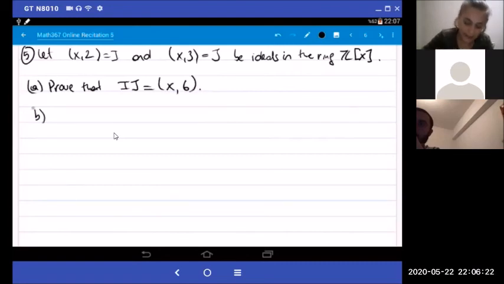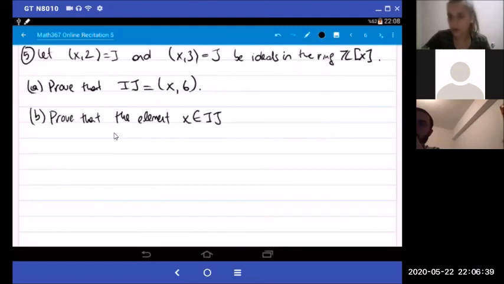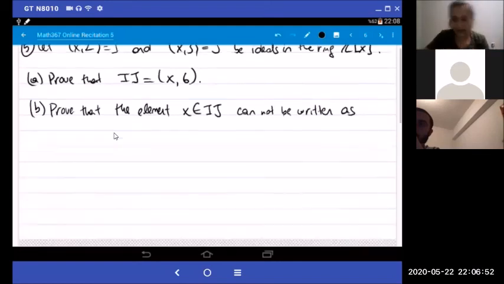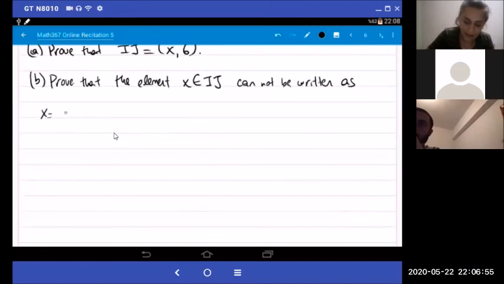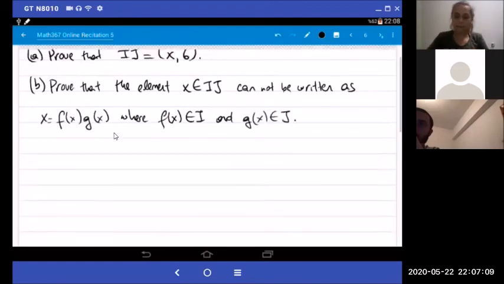Okay, and as the second part, prove that the element x in I times J, it is an element of this product, cannot be written as an element from I times an element from J. This is not always the case. x is equal to f(x) times g(x), where f(x) is from I and g(x) is from J. Sometimes it happens.